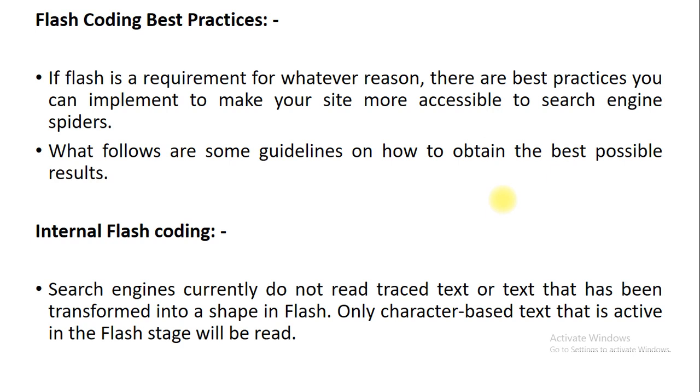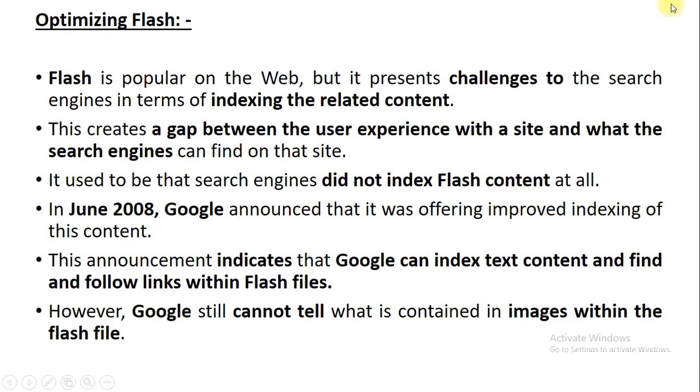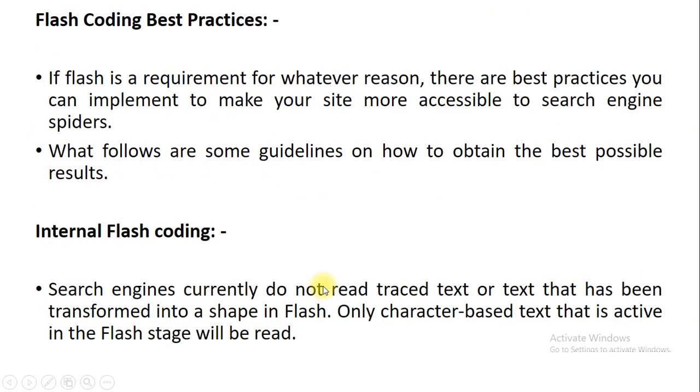We have already discussed this point in this slide, that Google can index text content or find and follow links within the Flash file. So internal Flash coding means that whatever characters you have placed inside the Flash content should be easily read, or traced, by the crawler.